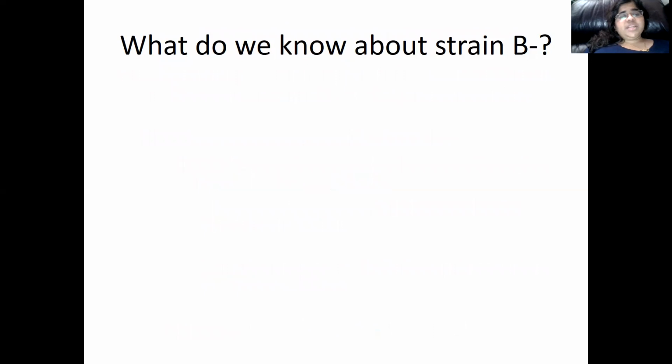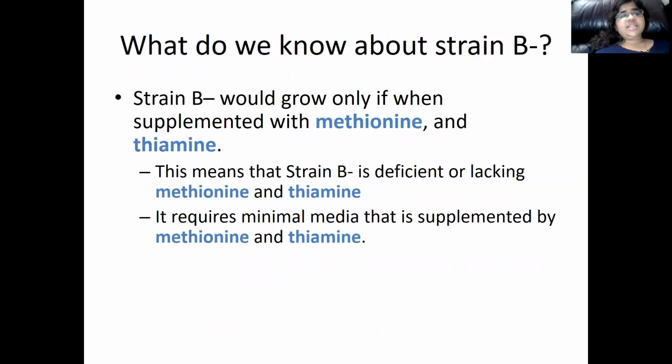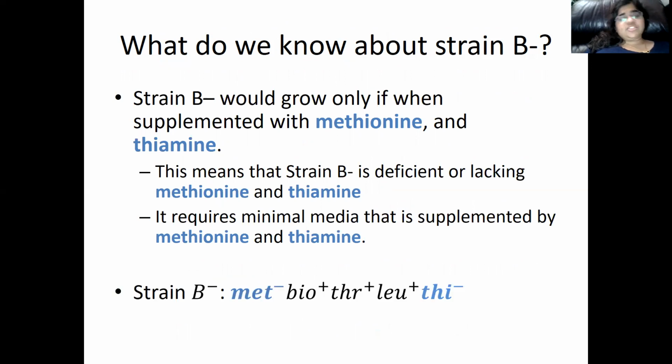With strain B, you know that it needs methionine and thymine, which shows that it's lacking them. So you end up getting this as the answer for how to designate strain B: everything except methionine and thymine is positive.